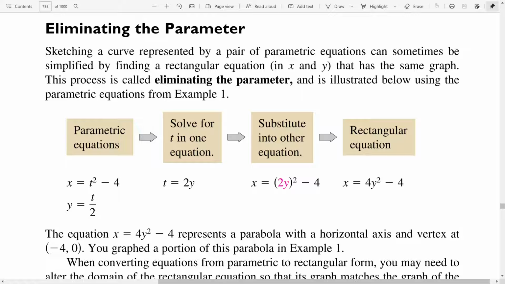So, for example, this is example 2. We have this set of parametric equations, x equals 1 over the square root of t plus 1, and y equals t over t plus 1.